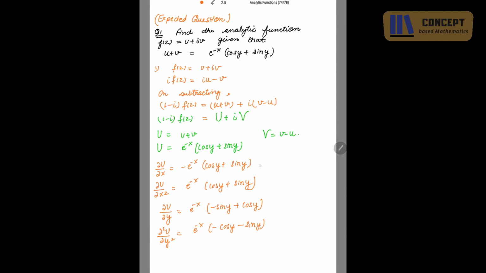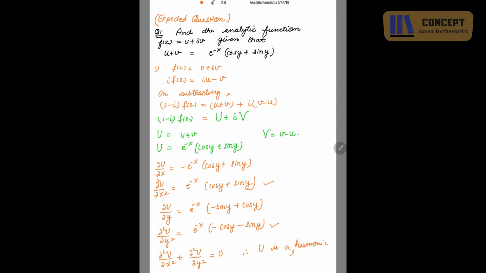So if you see these two equations, del square U over del x square and del square U over del y square, these have the opposite sign, they both cancel each other, so this addition is 0. Now the sum of del square U over del x square and del square U over del y square is 0, so U is a harmonic function.